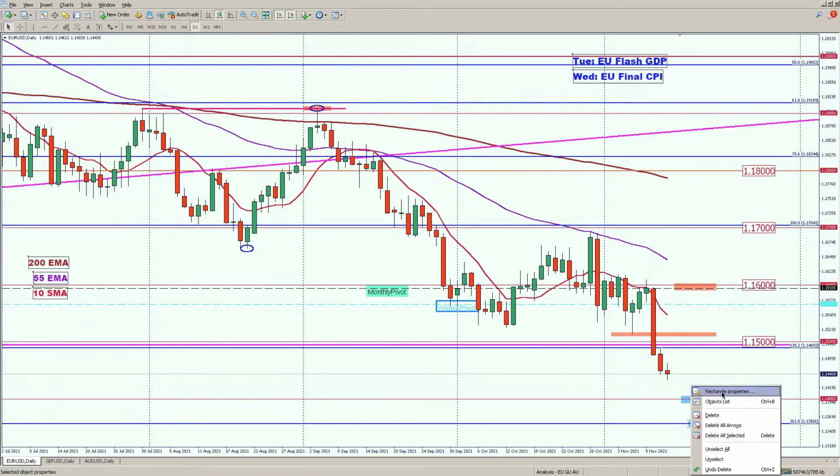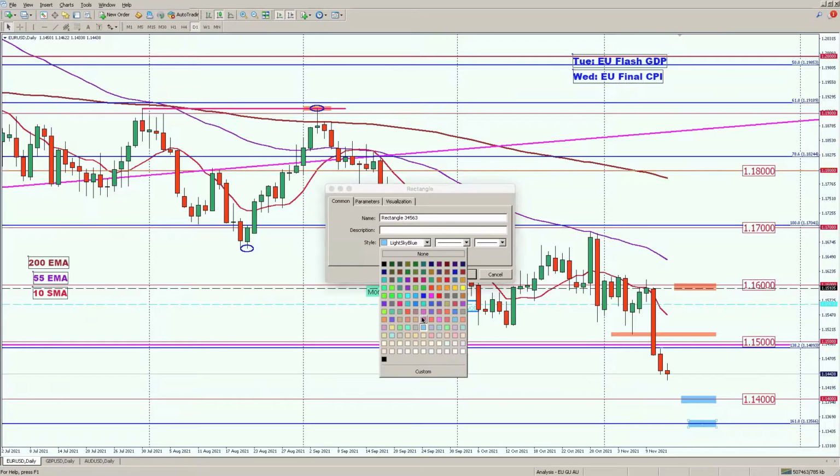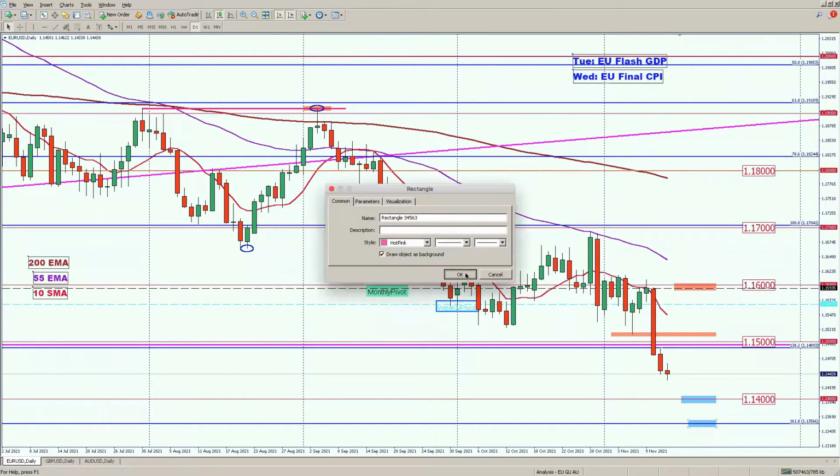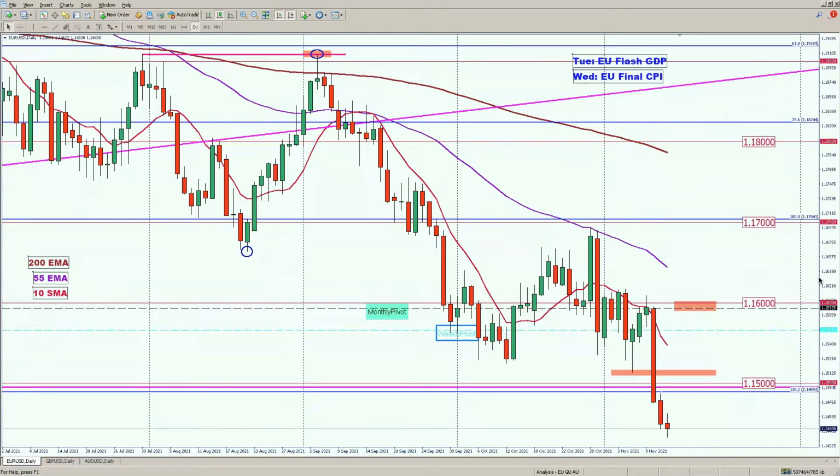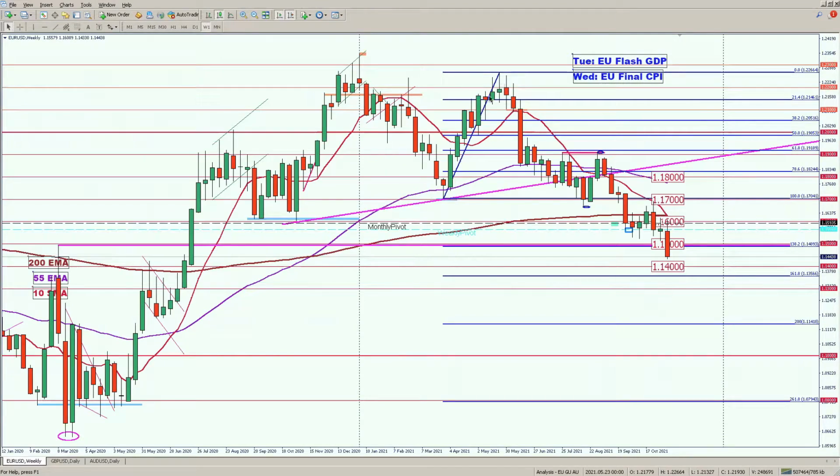Let's mark this potential target here, in the event that it punches through the 114 round figure. Okay, so that's on the bigger time frame, or the bigger swing.